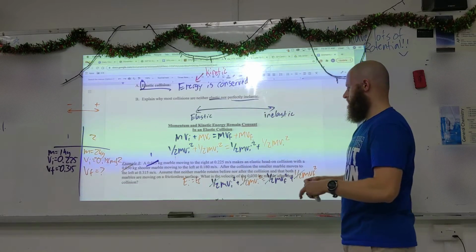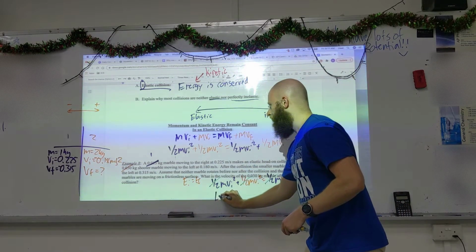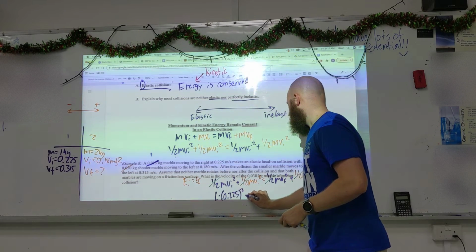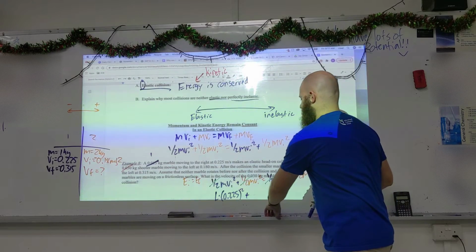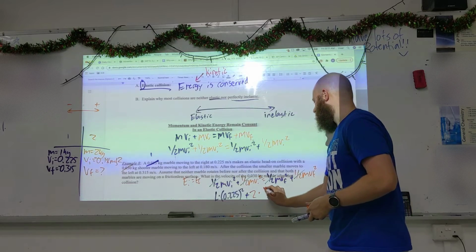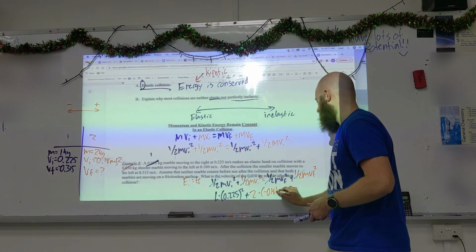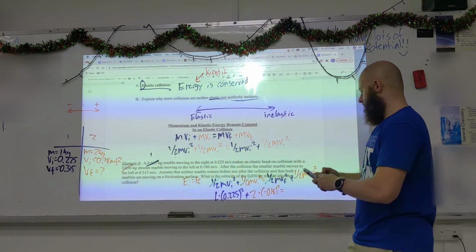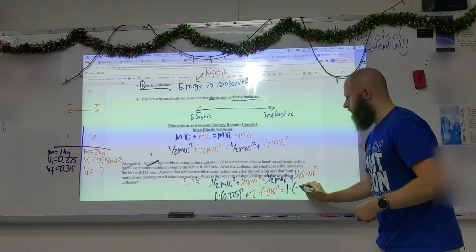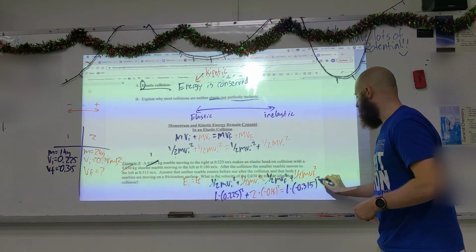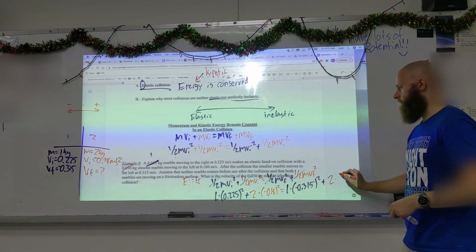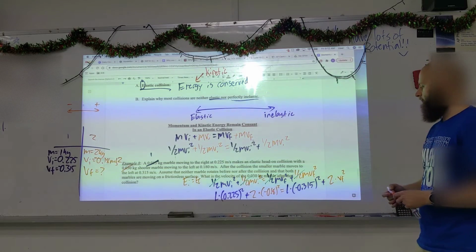So I have m, which is 1, times 0.225 squared, plus 2 times vi, which is negative 0.18 squared, equals 1 times negative 0.315 squared plus 2 times vf squared.